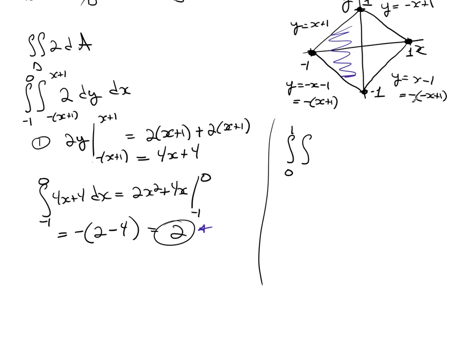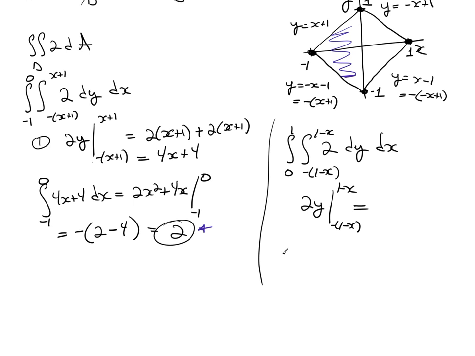And then y from negative 1 minus x up to 1 minus x of 2 dy dx, which gives me 2y evaluated from negative 1 minus x to 1 minus x.